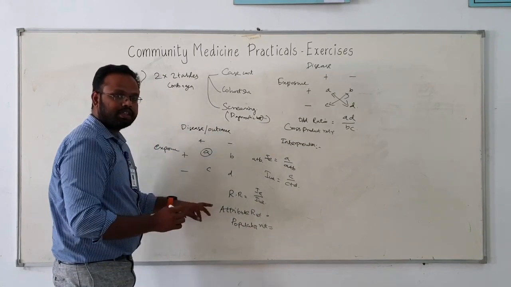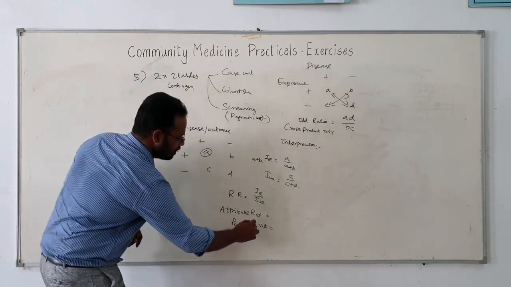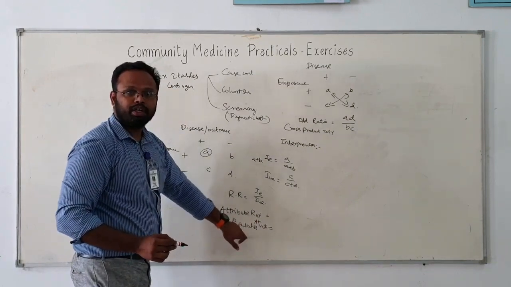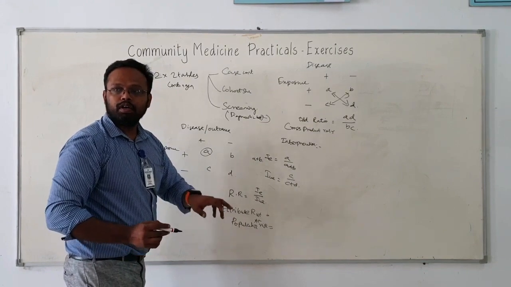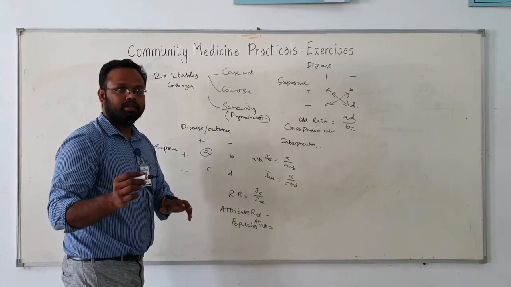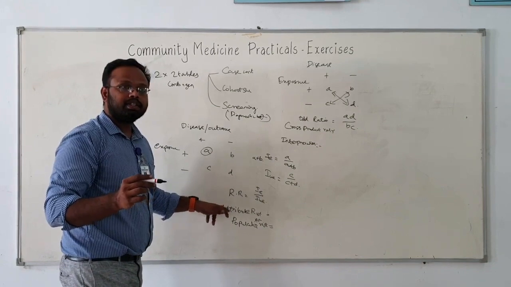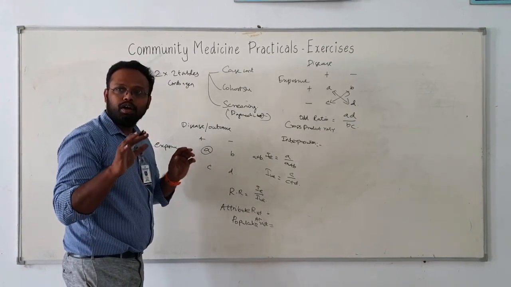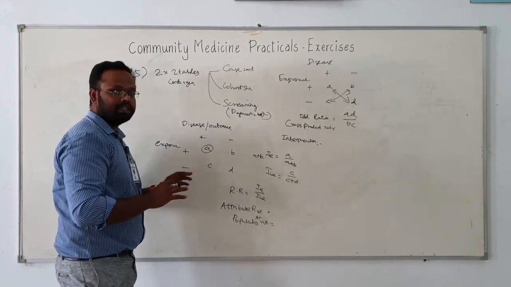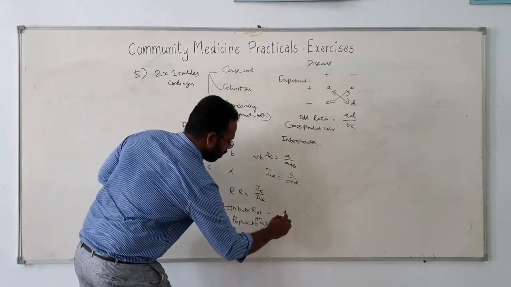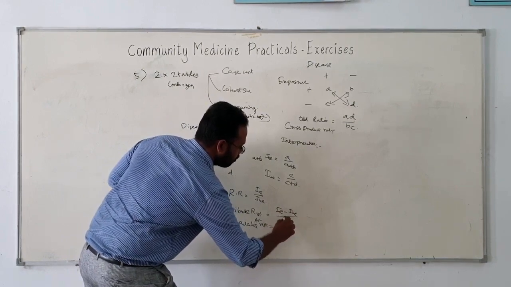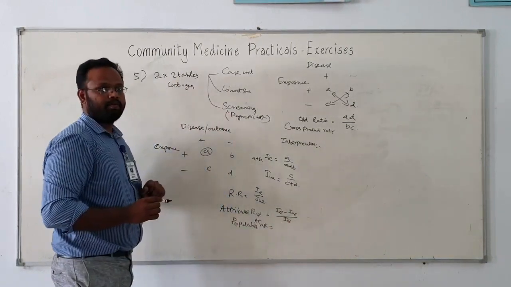The basic difference here is population attributable risk is if suppose I remove smoking from this community, how much amount of lung cancer can be prevented? Attributable risk is how much amount of lung cancer is directly attributed to smoking. It is given by the formula incidence among exposed minus incidence among unexposed divided by incidence among exposed.